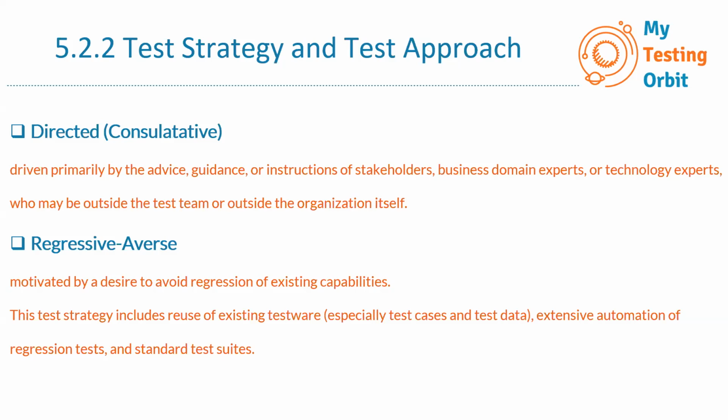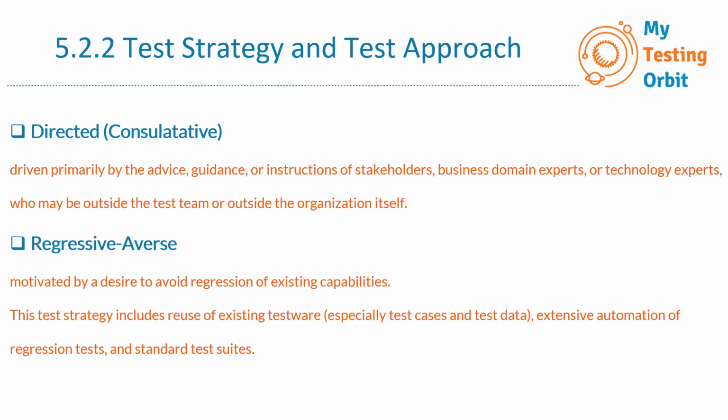This strategy includes the reuse of existing testware. For example, if we already have some existing regression test cases, then we can use those regression tests and that data, because we have already used them earlier. Or if we have automation tests, we can use them, or try to extend the scope of automation, because that will take us through the regression test quickly.